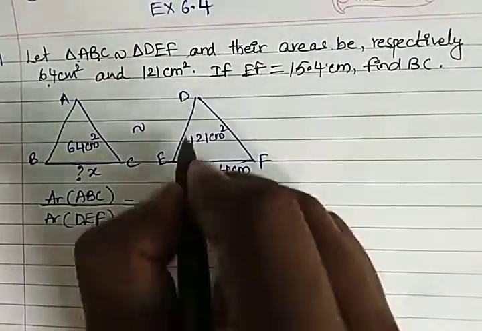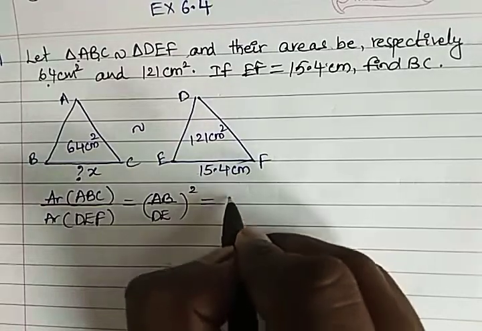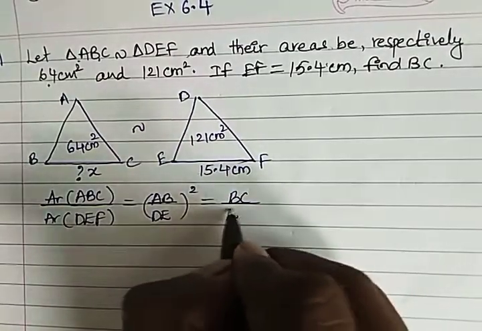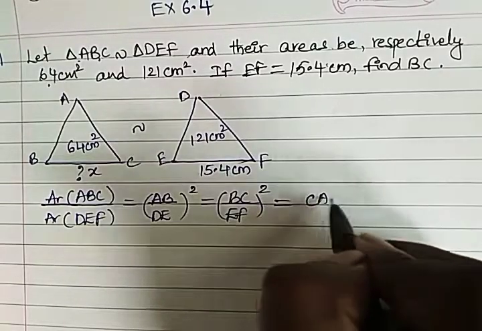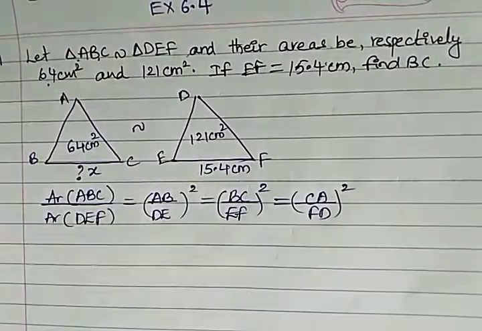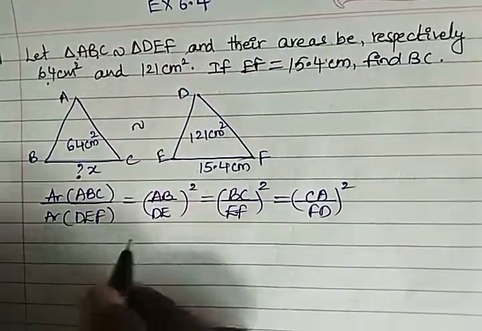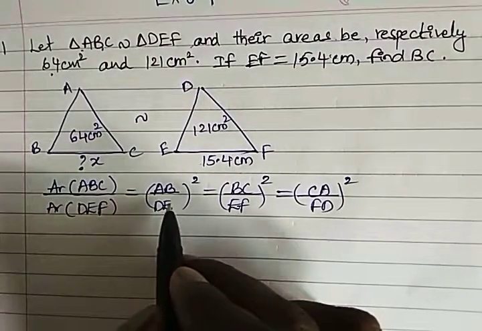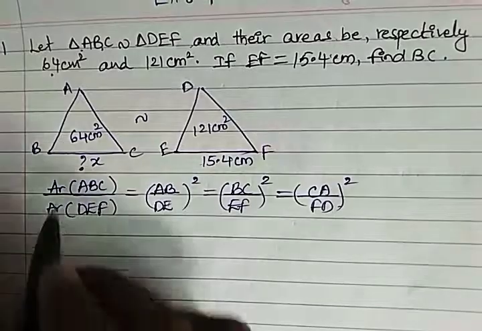AB by DE whole square is equal to BC by EF whole square is equal to CA by FD whole square. So this is the statement. If two triangles are similar, this is the statement we get. In this, we don't have to use all the ratios. Whichever is required, that only we will use.